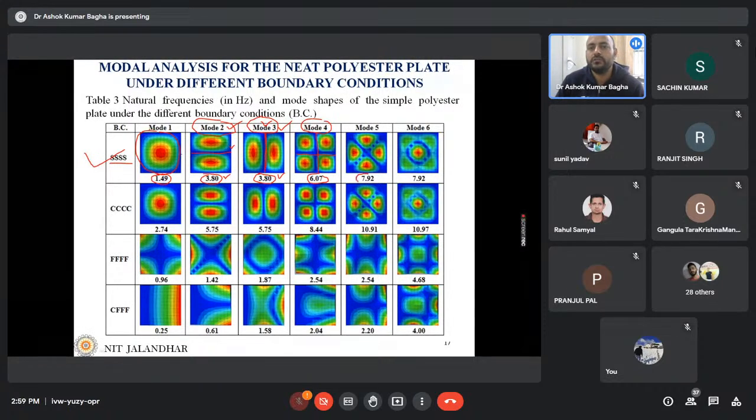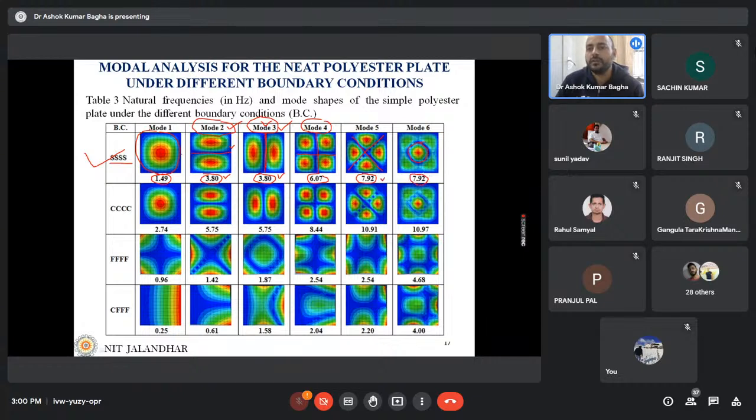When you increase the frequency, you will see the nodal lines look like this. Again, when you increase the frequency, the nodal lines look like this. This is a different pattern of vibrating, and again you will see both the frequencies are the same.